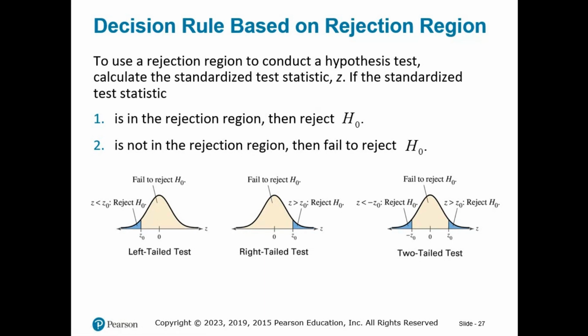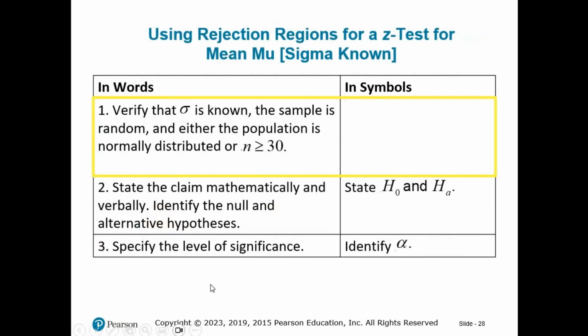Okay, so let's go over in words and symbols how we do this. First, we need to make sure conditions are met. Is sigma known? Have they given us population standard deviation? Is the sample random? And is either the population normally distributed or is the sample at least 30 in size? If all of these check out, we can apply the theorem and approximate this normally.